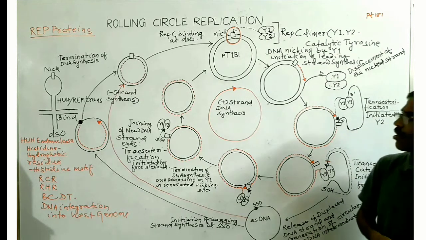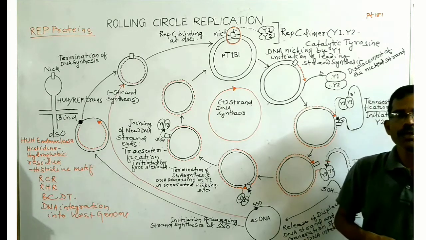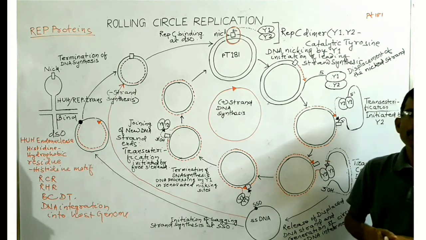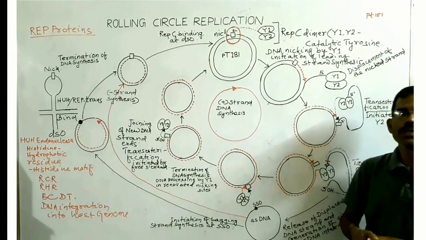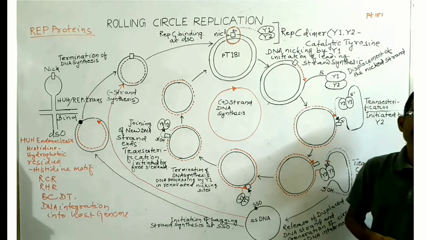But in case of plasmid PT181, because its copy number is strictly controlled, after completion of one round of replication, further replication of this plasmid is not permitted. This is due to inactivation of the Rep protein.